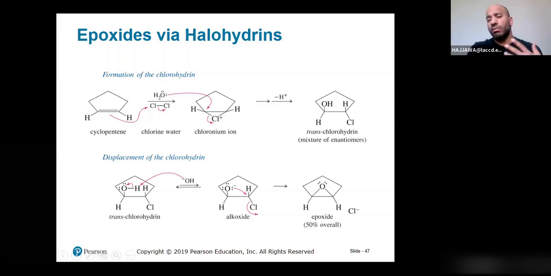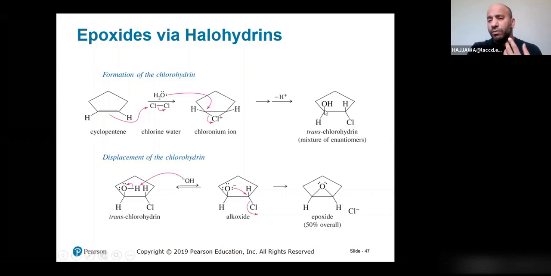In this case, both carbons are the same, so it doesn't matter which carbon you pick. Once you do that, you're going to make the chlorohydrin. This chlorohydrin is trans due to the fact that the water will attack the chloronium ion from the opposite side of the bridge. That's what we discussed when we covered this mechanism in an earlier chapter. So make sure that you pay attention that you form the trans halohydrin.